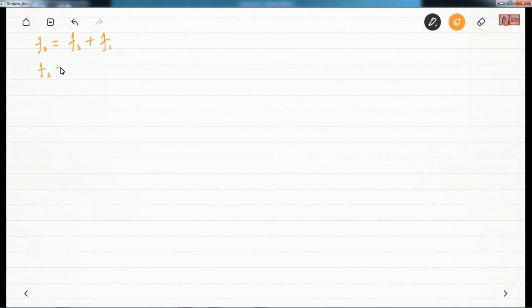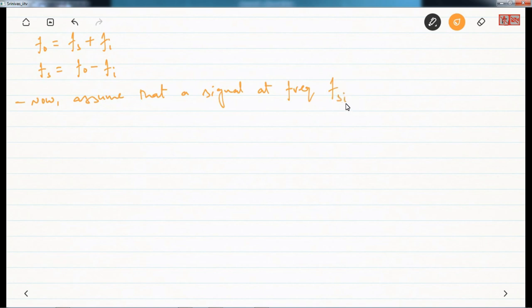Now assume that a signal at frequency Fsi, where the I refers to image frequency, which we will discuss later, at frequency Fsi is equal to F naught plus Fi, or in other words, this is Fs plus 2Fi.